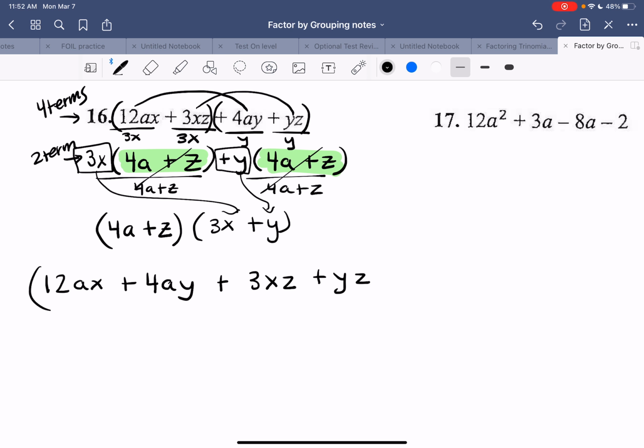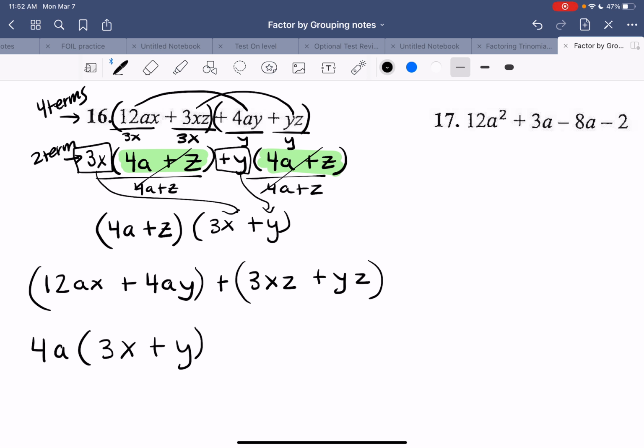So in this example, when I use this as my pair, I can factor out a 4a, and what's left is 3x plus y.